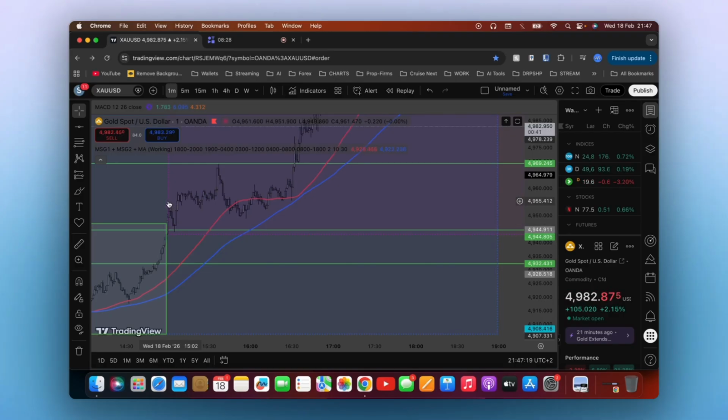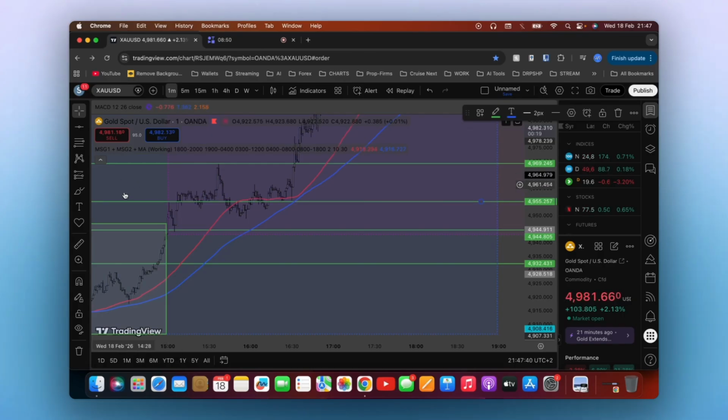This will be my first TP as it retracted and retraced back into the MSG block. Okay. It is a short one, that's why we mark out higher resistance lines. Okay. So we can mark out another one here, and that'll be our first TP.